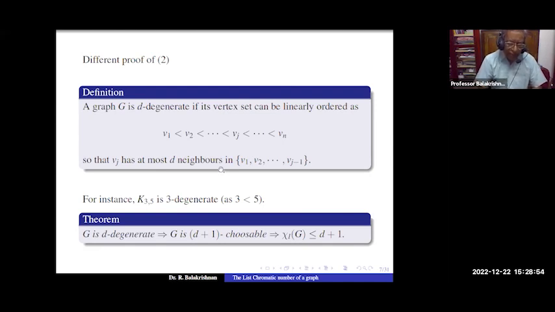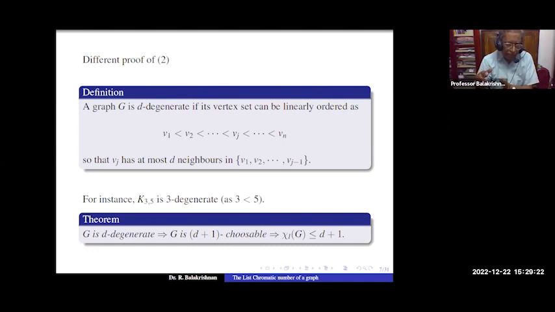I say it is 3-degenerate. Why? Well, I take the vertices v1, v2, v3 as one part, and then v4, v5, v6, v7, v8 as the other part. Now start from v1. v1, of course, is not adjacent to any vertex on the left. v2 is not adjacent to v1 because it is in the first part. v3 is not adjacent to v2 or v1 again. But what about v4?